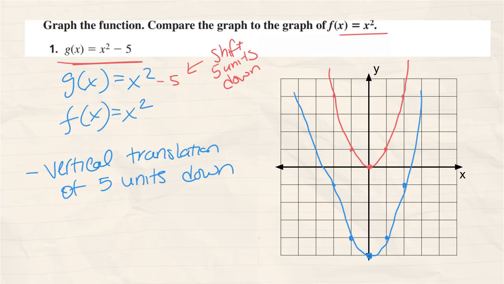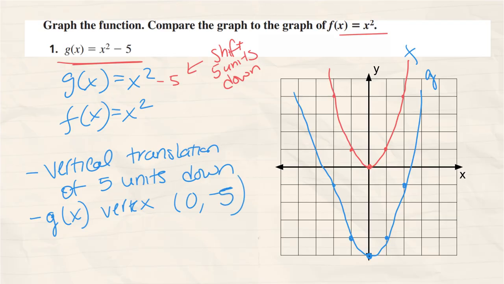And I know between F and G, just remember this is the F and G line, that the vertex of F is 0, 0, but the vertex of g of x is 0, negative 5. And they're both with an axis of symmetry of x equals 0.